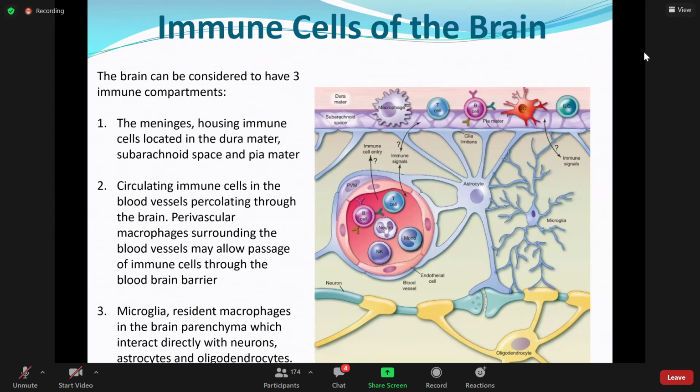The second are immune cells coming from the periphery, which circulate through the meninges. And this is also through these newly discovered lymphatic systems. There are intense studies going on in terms of understanding whether antigens coming from the brain can get into the lymphatics and then go into the peripheral lymphoid system to generate homing lymphocytes to go back into the brain.